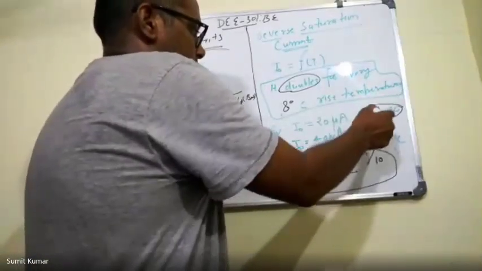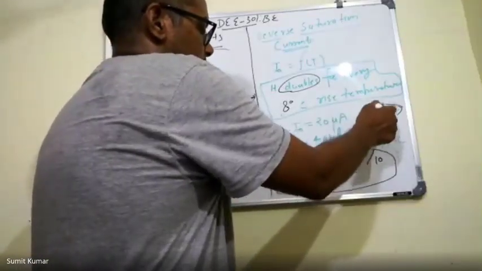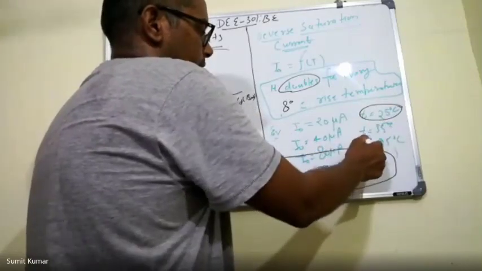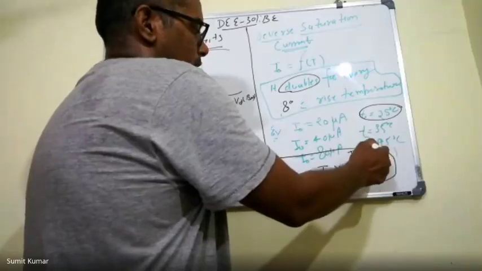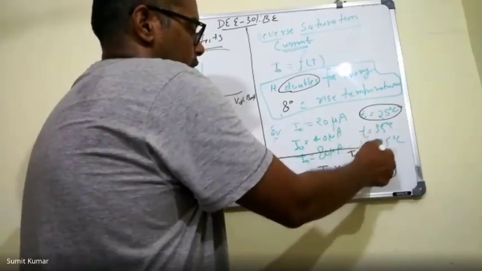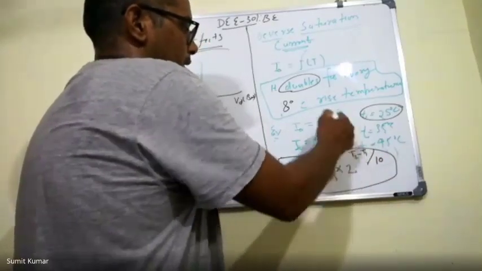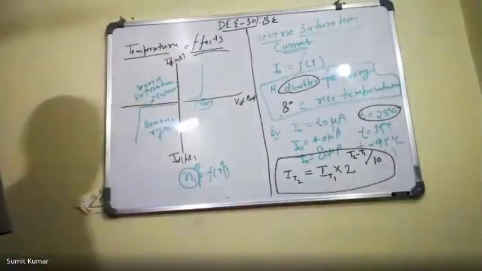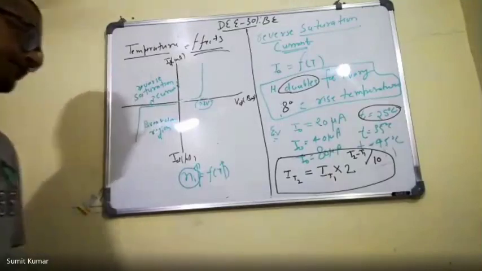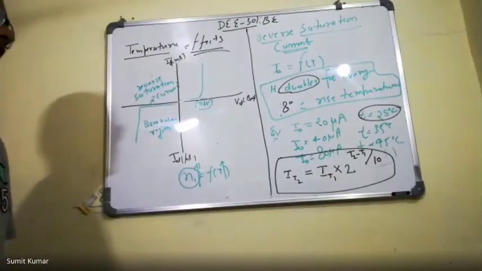You can see I am raising the temperature from 25 to 45. This 45 minus 25 is 20, 20 upon 10 is 2, 2 raised to the power 2 is 4, 4 multiplied by 20, you will get 80 microampere. So you can apply this, and this is the mathematical expression for this.